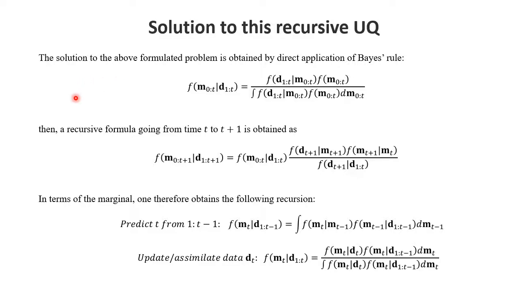So to solve the previous problem, meaning obtaining this posterior distribution, we can write that using Bayes' rule in the following sense. So we have the likelihood distribution, we have the prior distribution, and the normalization constant. Now we can write the same, but going to the next step.